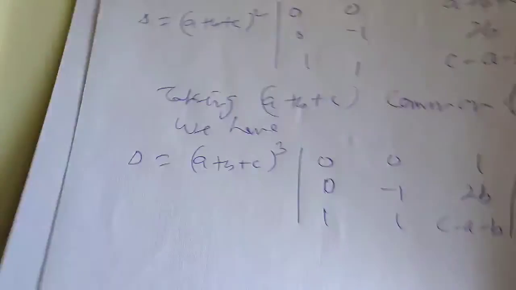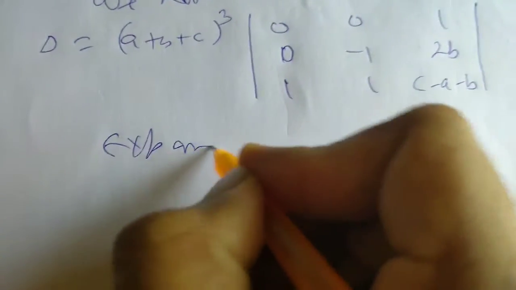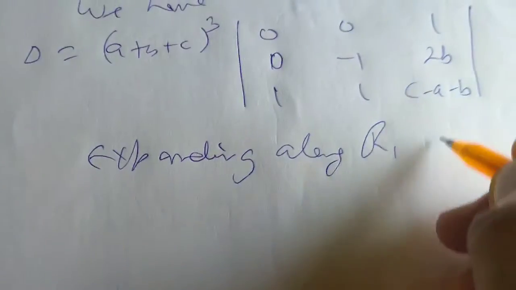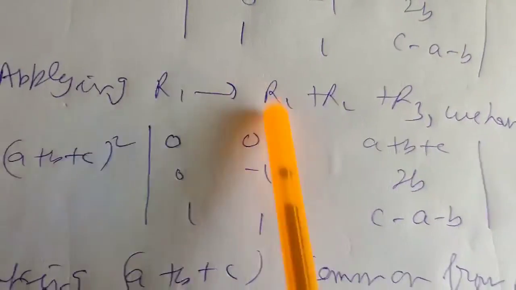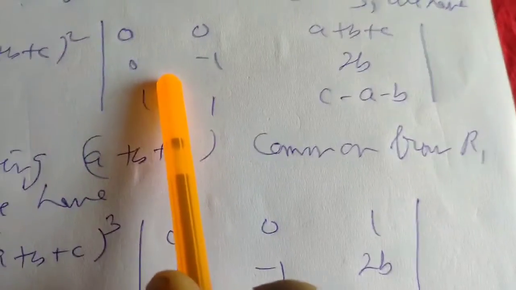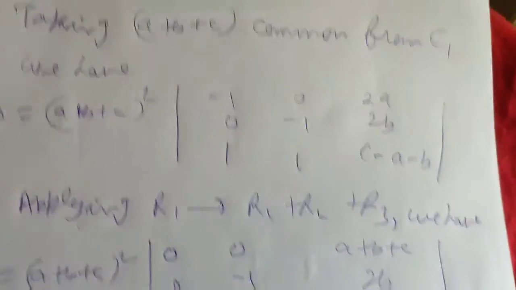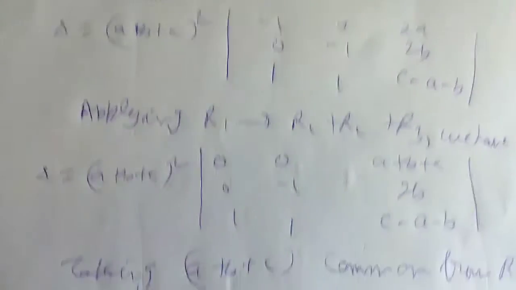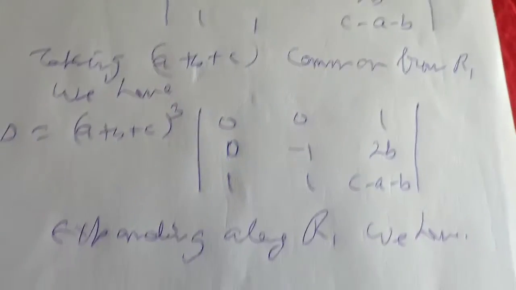So now what I will do is I will expand along R1. When you are having 2 zeros, here we are having 3 zeros. Even if you want, you can apply here also. But it is better to always apply more properties. So that is why I have used the properties more times.